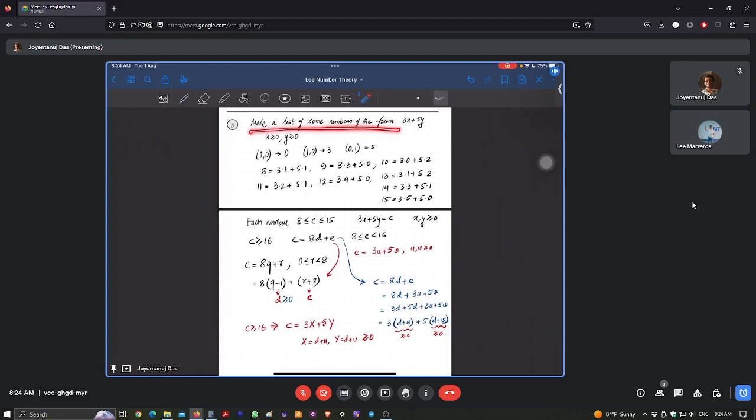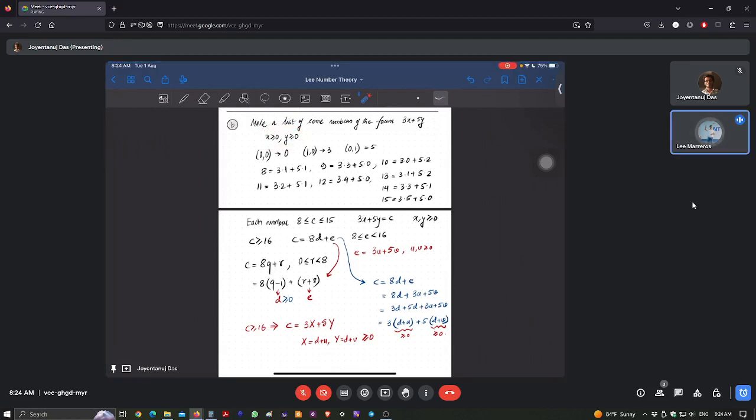So we made a list of numbers of the form 3x plus 5y where both are non-negative, for numbers greater than or equal to 8, and then made a conjecture.